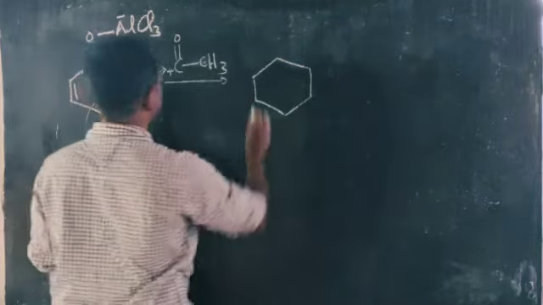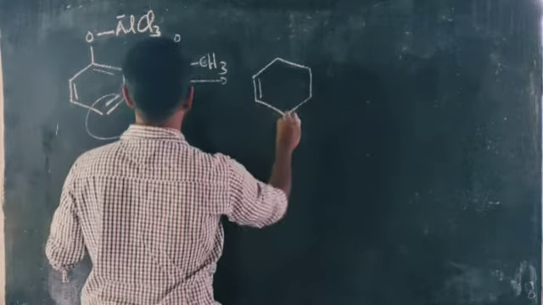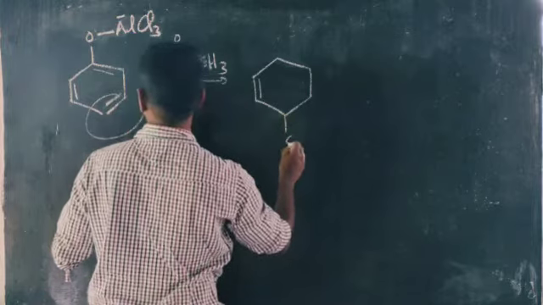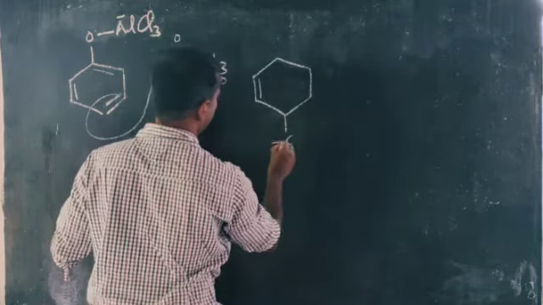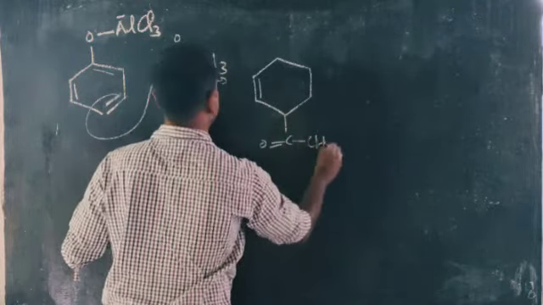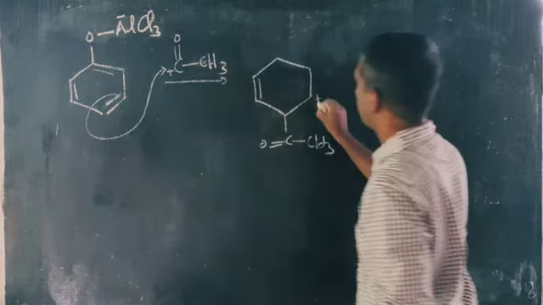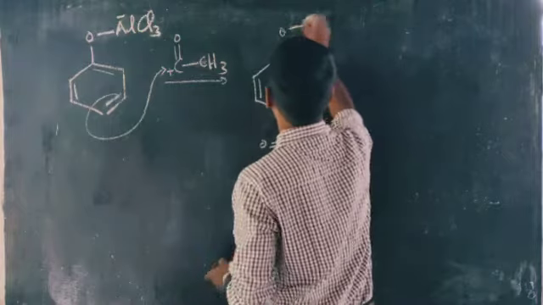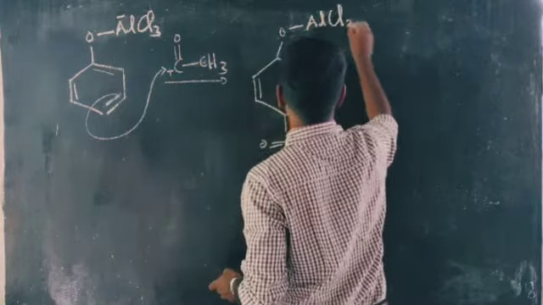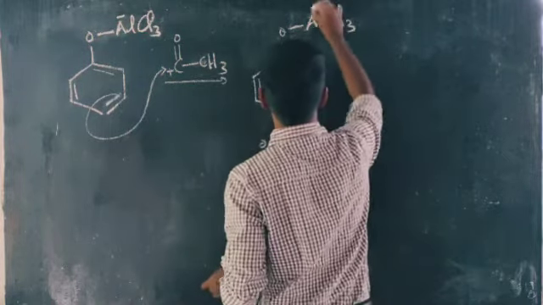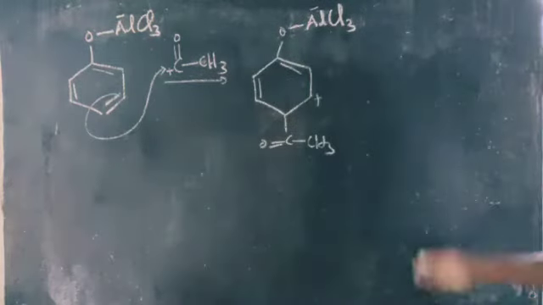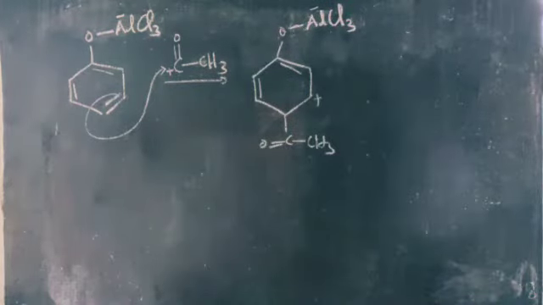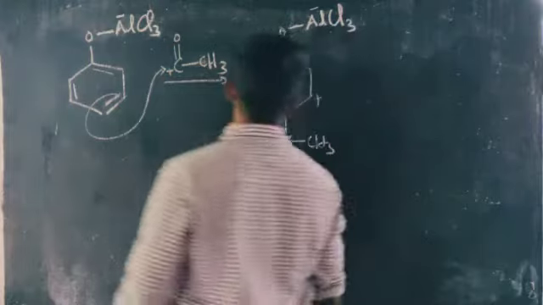Here it is C double bond O, CH3, and here it is a positive charge, and here it is O AlCl3 minus.